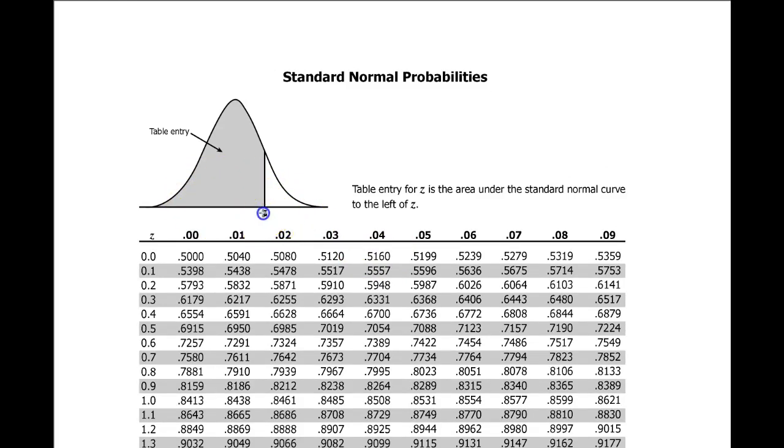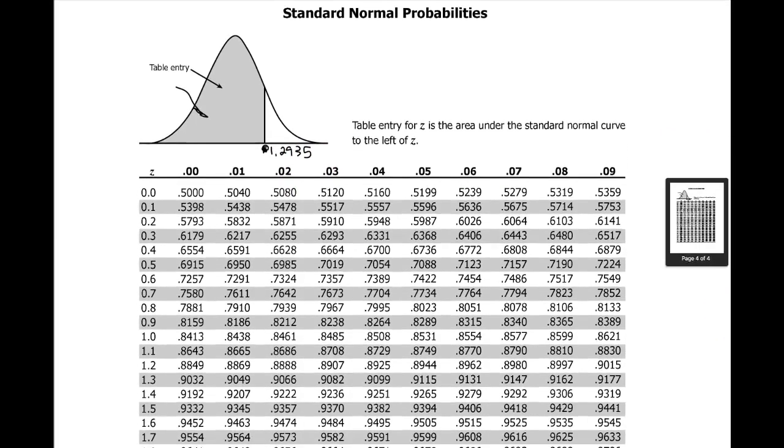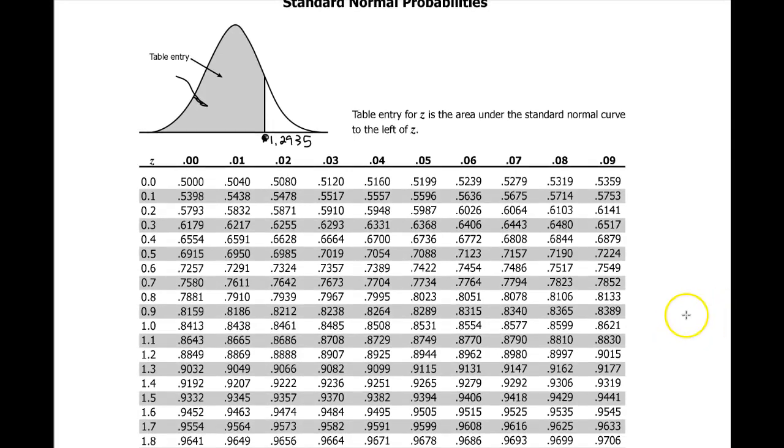And again, what we're trying to figure out is this particular area under the curve at this data value. And of course, I've rounded this off. We know that this particular Z-score has some more decimals, but I just rounded it to 4 decimal places. So here, I know that 1.2935 and so on is in between 1.29 and 1.3.